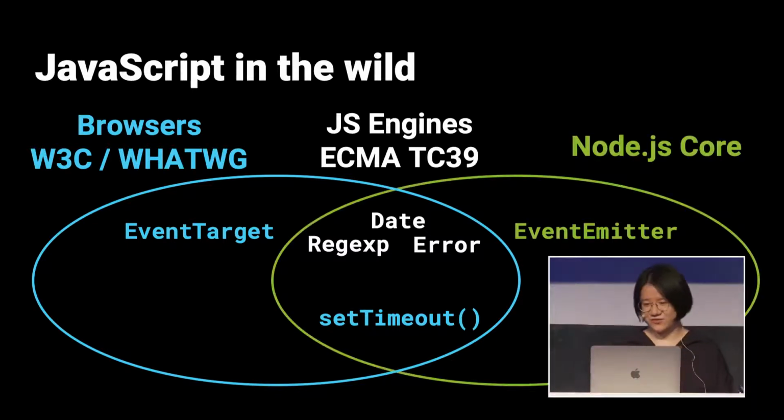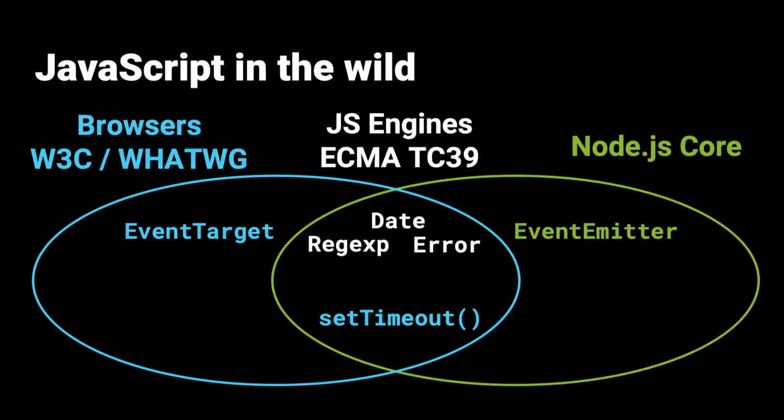And then Node was created and started to take off on the server side. Initially, it included some of the web APIs that were already present in the browsers, or at least some APIs that look like what you'll find in browsers.